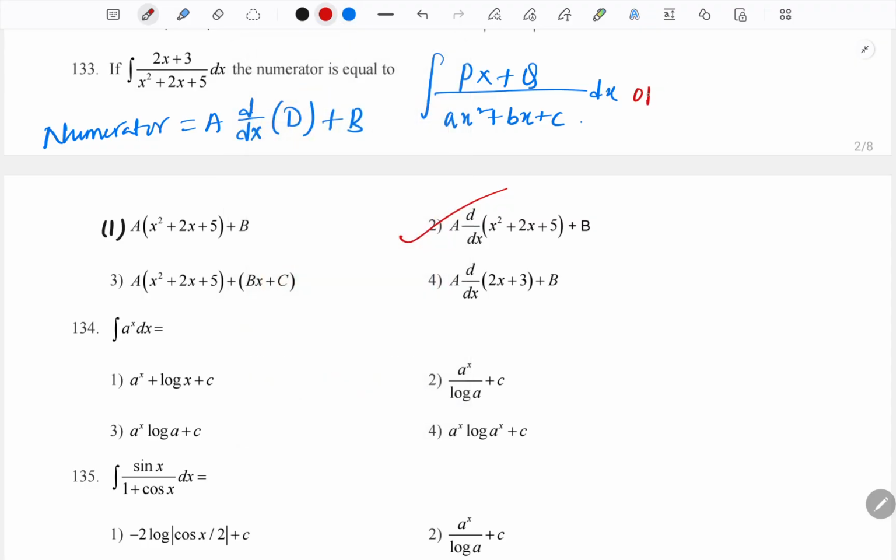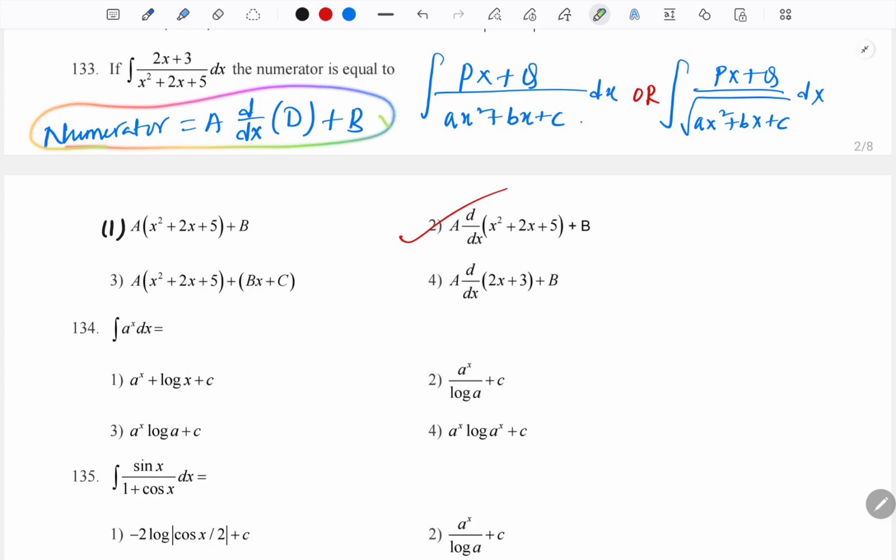Or if your integral looks like px plus q by under root of ax square plus bx plus c dx, then the numerator equals a into d by dx of the denominator plus b. So how to find a and b here? Compare coefficients and constants, substitute here, and then solve the further integral. Clear?